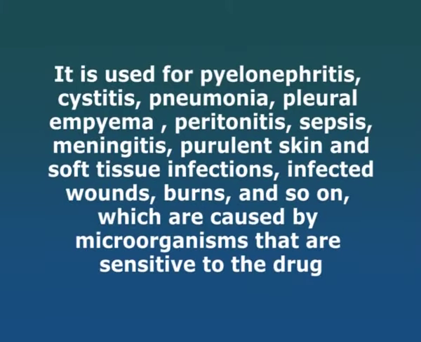It is used for pyelonephritis, cystitis, pneumonia, pleural empyema, peritonitis, sepsis, meningitis, purulent skin and soft tissue infections, infected wounds, burns, and so on, which are caused by microorganisms that are sensitive to the drug.